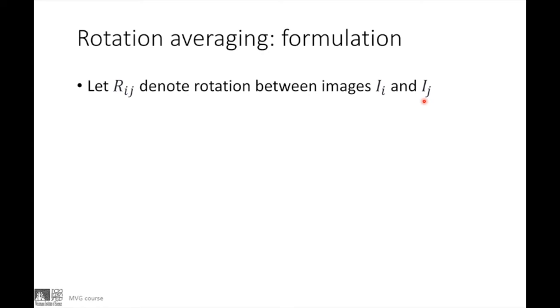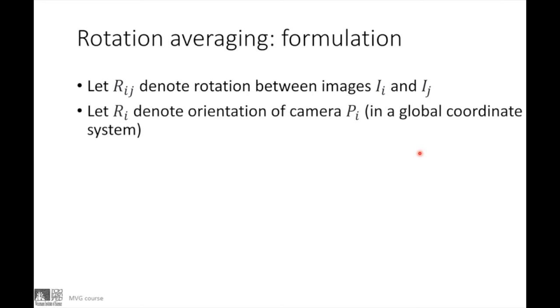So we're given Rij, and that denotes the rotation between image I and image J. And let's denote Ri the orientation of camera Pi in some global coordinate system. Now, the relationship between the orientation of camera I and camera J and Rij is given here, right?